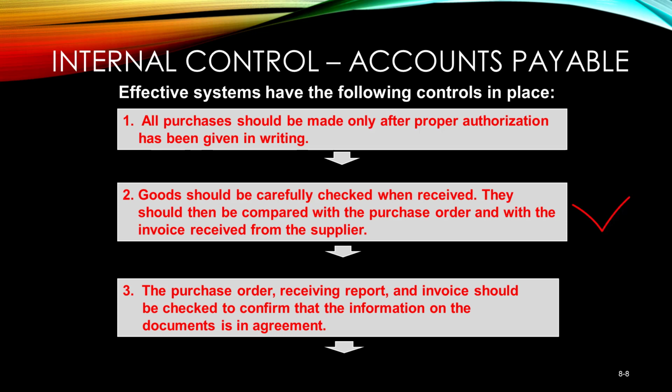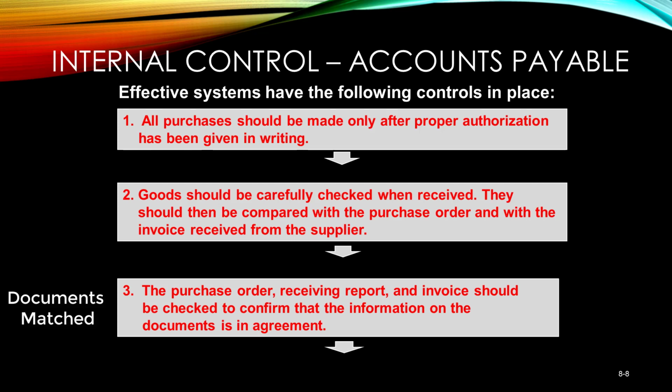Then, goods that are received should be carefully checked against those documents. They should be compared with the purchase order and with the invoice received from the supplier. This matching of documents is imperative in ensuring that our vendors are paid only for the merchandise that we asked for and received.